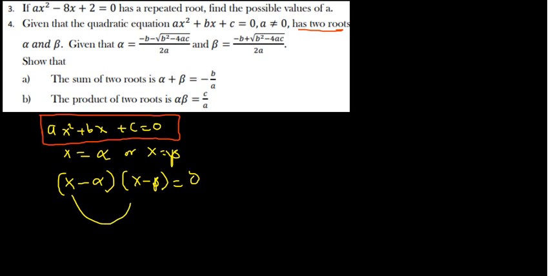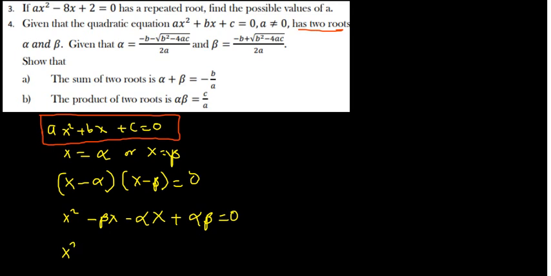From here, I'm going to multiply x times x, that is x squared, x times negative beta, that is negative beta x, and negative alpha times x, that is negative alpha x, then negative alpha times negative beta, that is positive alpha beta, and that is going to be equal to 0.